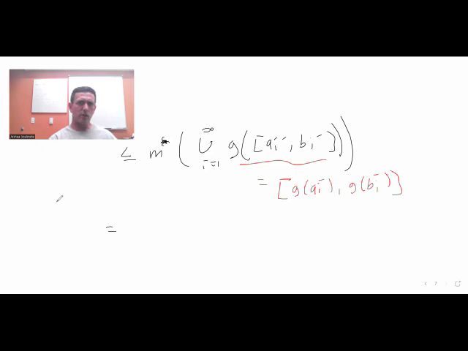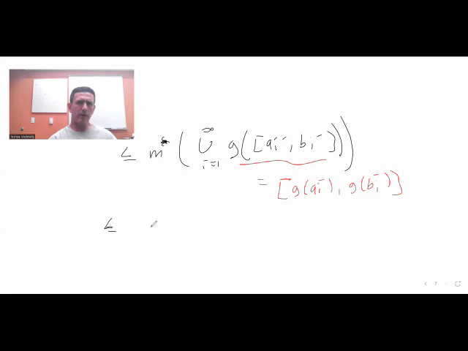So this is going to be less than or equal to the sum of the outer measure of each of these intervals. These two endpoints could be equal, which just means it's a singleton, and that's fine as it has outer measure 0.